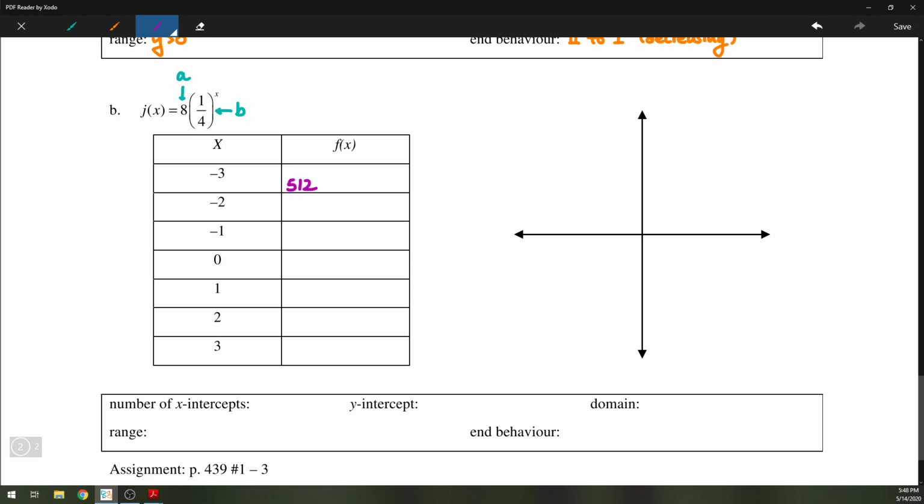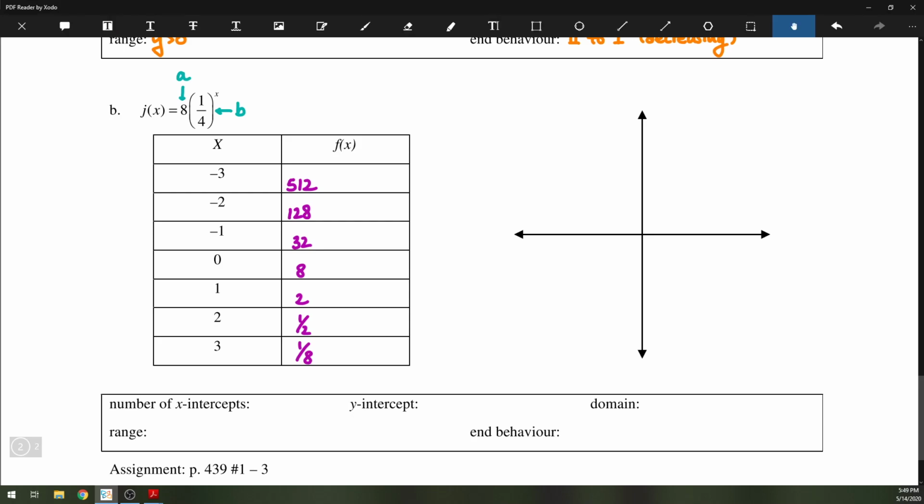And then you simply multiply by a quarter, or divide by 4, as you move from left to right, so you get 128, then 32, then 8, which matches the y-intercept, so that's good. And then we have divided by 4 is 2, divided by 4 is 1/2, and then 1/8.